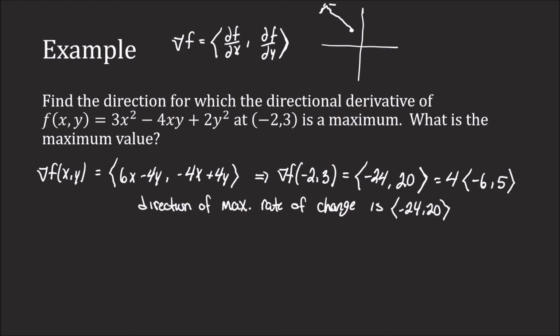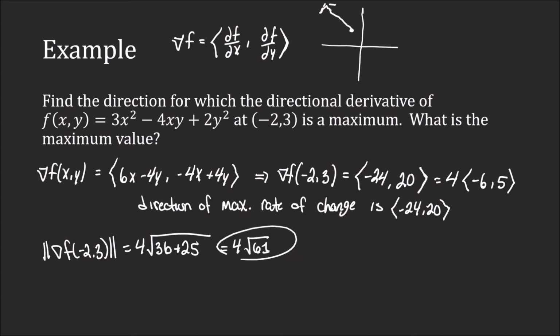Now, what is this actual maximum increase? Well, that is just the magnitude of the gradient. So we're going to have 4 times the square root of 36 plus 25, which is 4 times the square root of 61. So that is the value of the maximum increase.